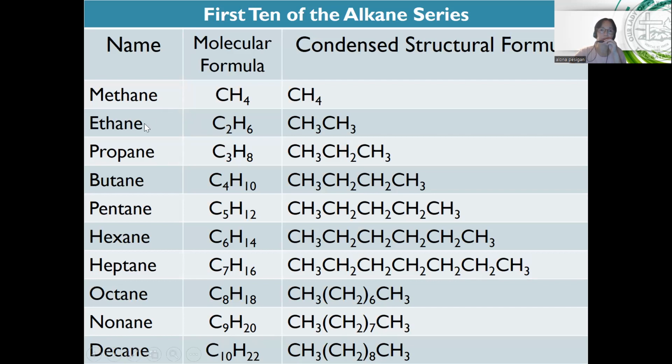We have methane, ethane, propane, butane, pentane, hexane, heptane, octane, nonane, and decane. So this is the molecular formula of these alkanes and their condensed formulas.